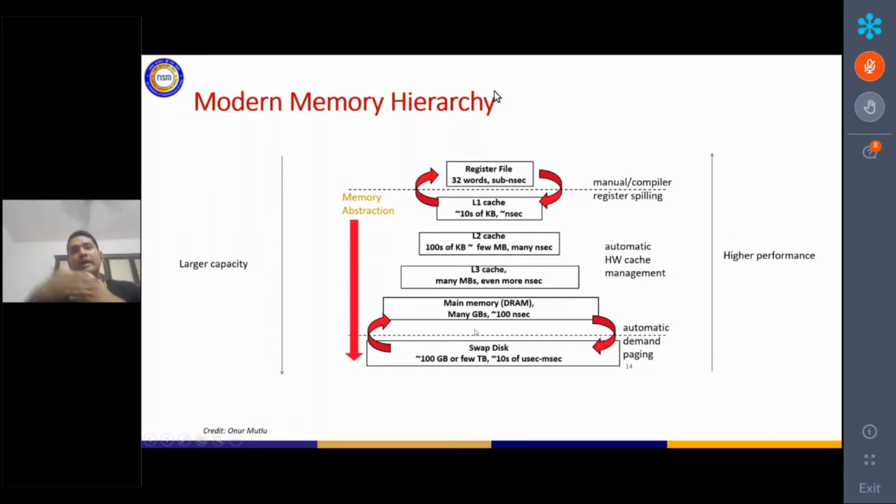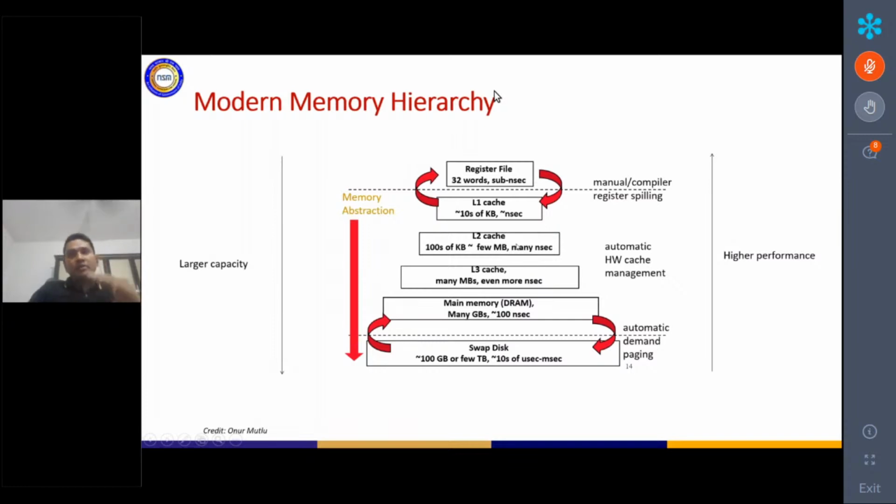Now, why is this hierarchy necessary? Because the L1 level of cache gives very fast access to the computing unit, because the computations are much faster, and you need the data available to the computation unit much faster than the dynamic RAM, because in dynamic RAM the access time is higher.